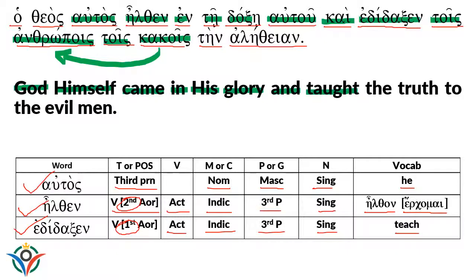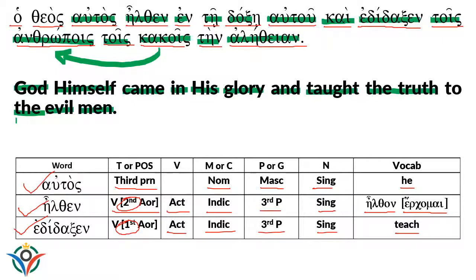So that's why I translated it as the evil men. And then we have tain aletheon, which is the truth. So you might be wondering why I translated tain aletheon, the truth, before the evil men.